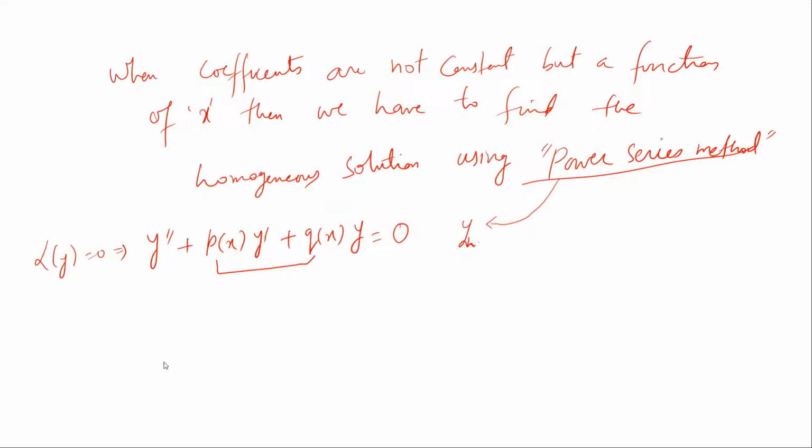So let us see one example. Example 1: y double prime plus y equals 0. Here these are constant coefficients and we have solved these before, but we are considering this first using the power series method, and then we will use a function of x to solve other problems.